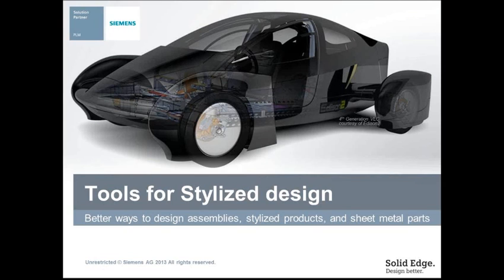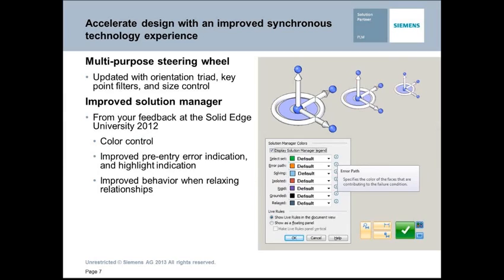So, ST6, what's the theme here? Tools for stylized design. We are opening up areas that we've never had access to before. Specifically, the user interface. We listened to you. The enhancement requests were things like, oh, that steering wheel, boy, it could use another axis. Well, looky there.